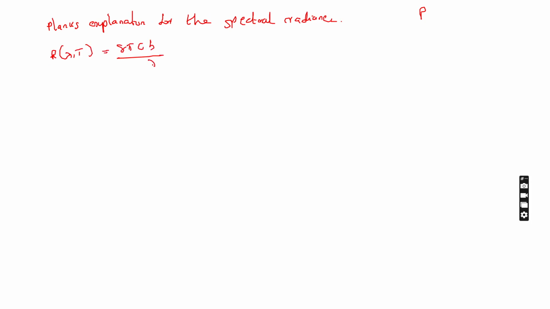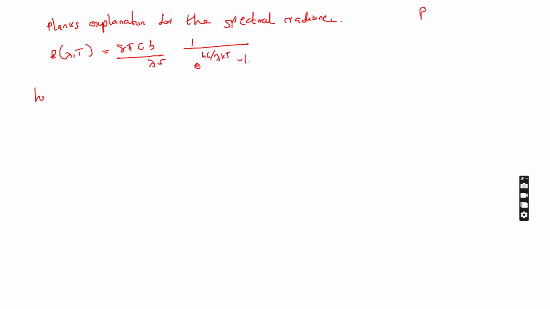From that, what is Planck's explanation? R of lambda comma T is equal to 8 pi hc divided by lambda power 5, times 1 over e to the power hc by lambda kT minus 1.